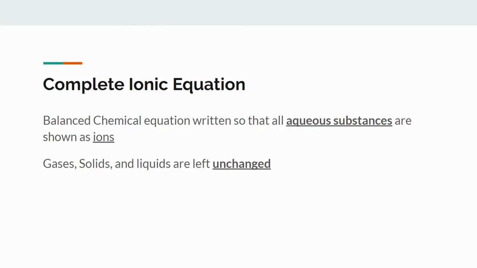And so if something is aqueous, that means it dissociates into its ions in water. So we show that when we write a complete ionic equation. And then notice that gases, solids, and liquids are left unchanged. We do not break gases and solids and liquids into their ions.